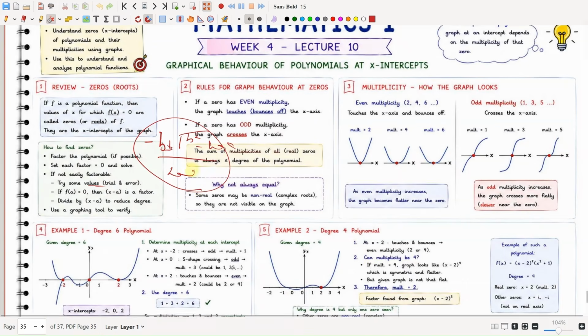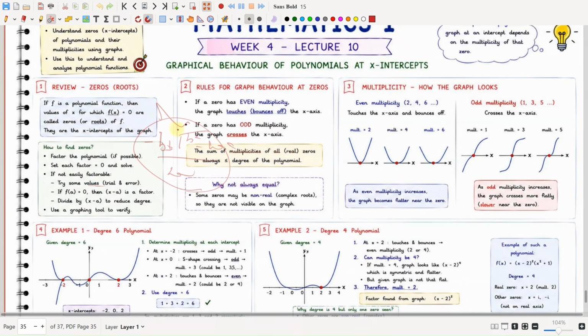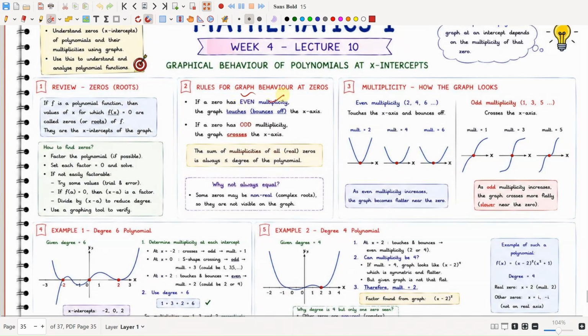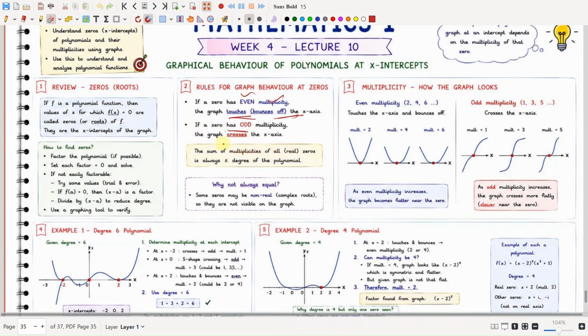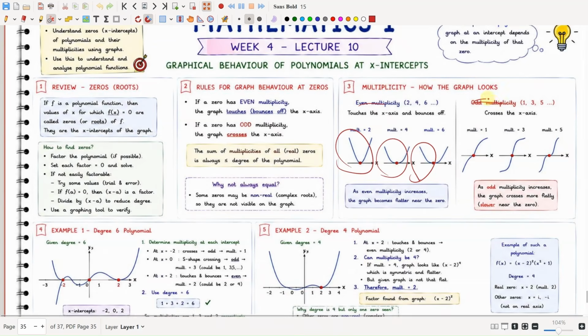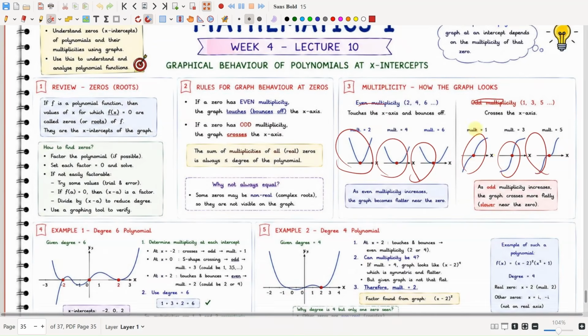If you have even multiplicity, the graph will touch and bounce off. If you have odd multiplicity, the graph will cross the x-axis.